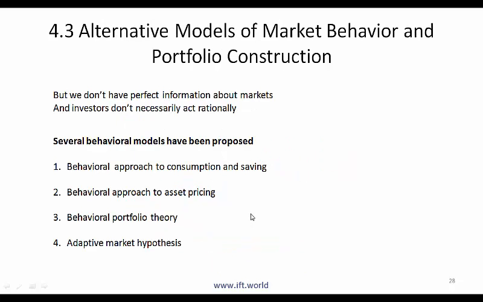Okay, now what are the alternative models? We don't have perfect information about markets. So this is the first point made by the behavioral finance people. And investors don't necessarily act rationally. So we need something more than what Mr. Markowitz said.